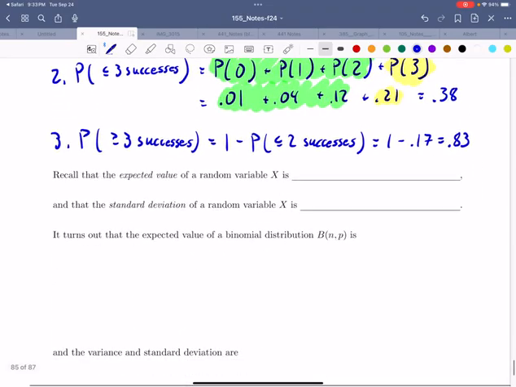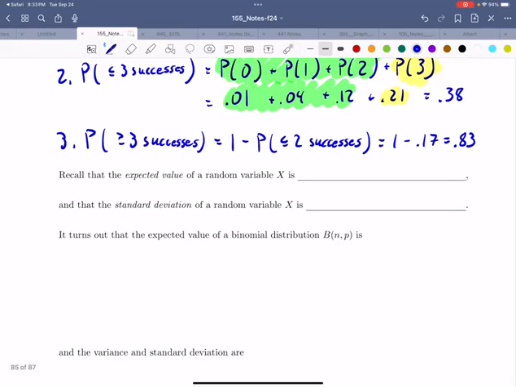Okay. All right, next. Recall the expected value of a random variable. If you want to write it all fancy, it's like that. But in practice, it's x1 times the probability of x1 plus blah, blah, blah, plus xn times the probability of xn, right? And then the standard deviation. By the way, sorry, I shouldn't call it the expected value of x.